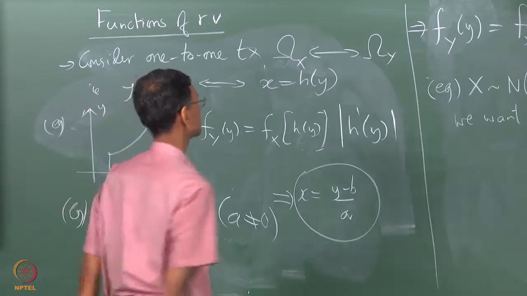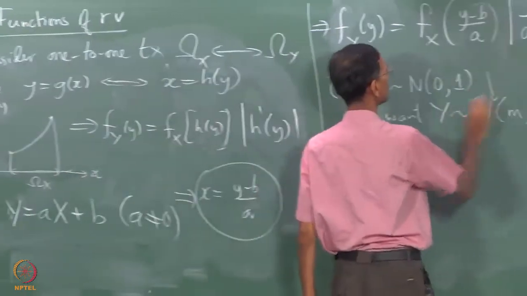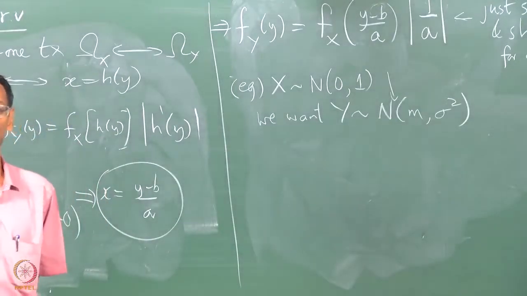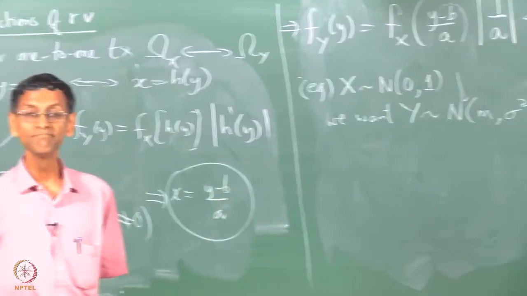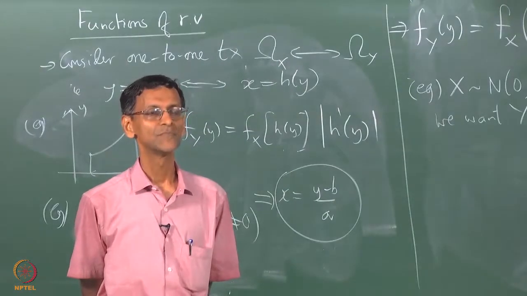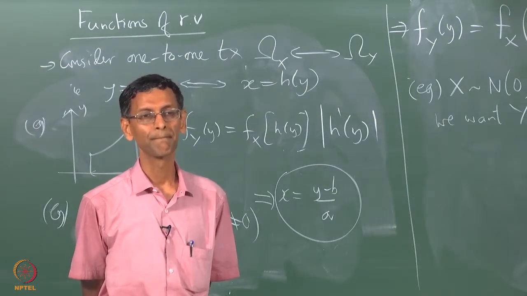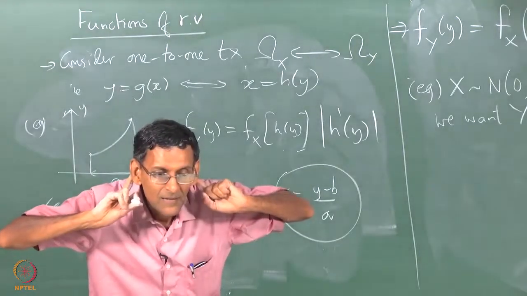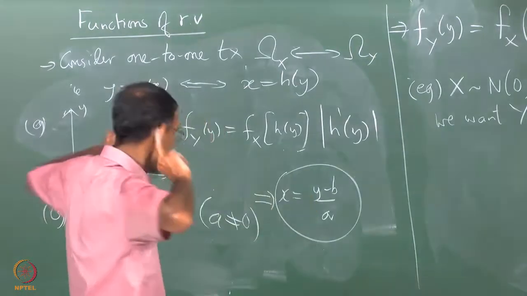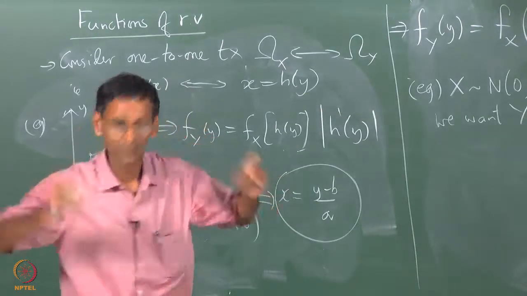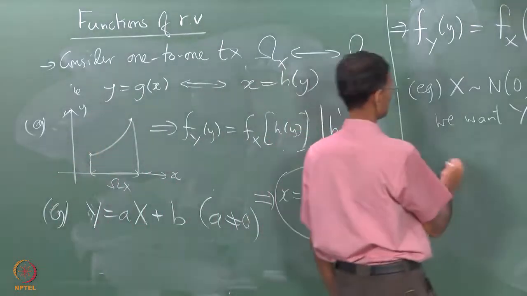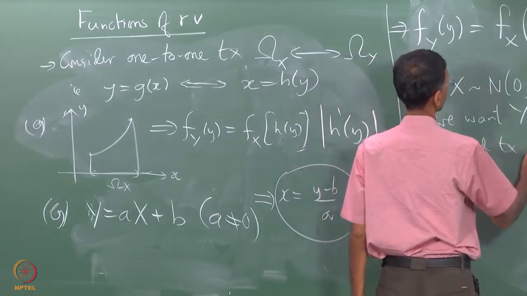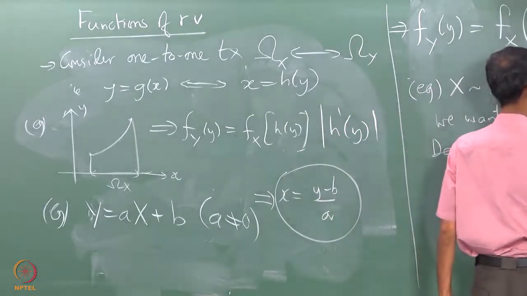So if you want to go from this to here, what should A be, what should B be? Think about it and tell me. A equal to sigma, and B equal to m, correct. So the desired transformation is y equal to sigma x plus m.